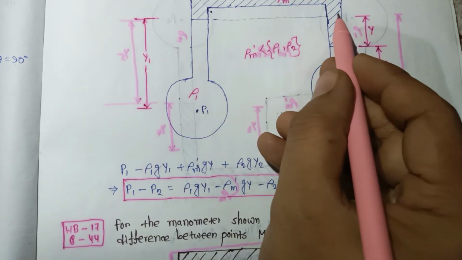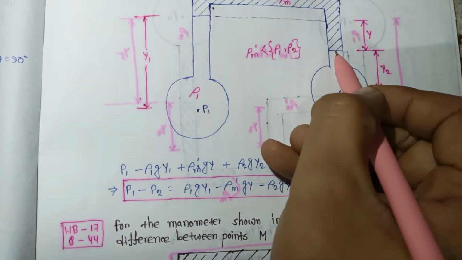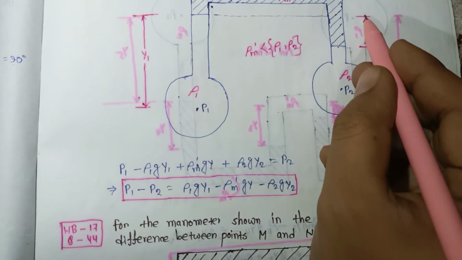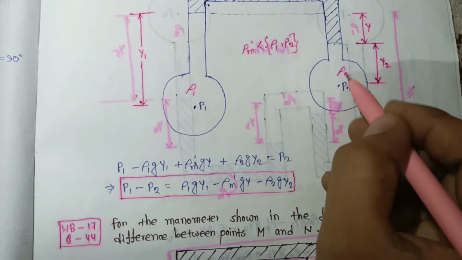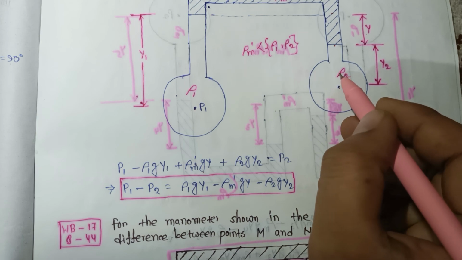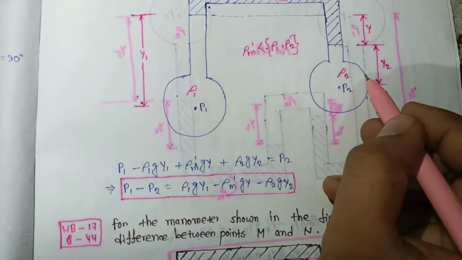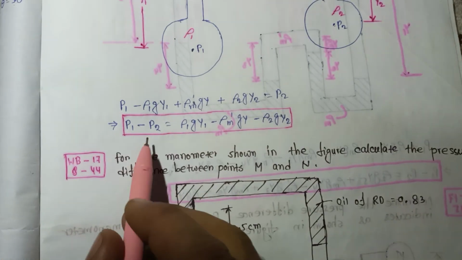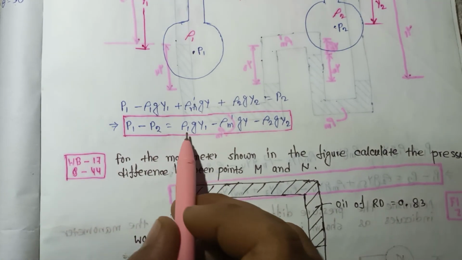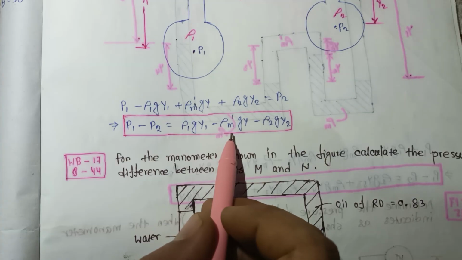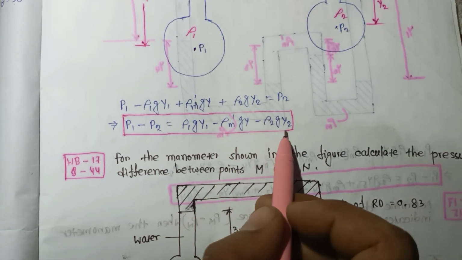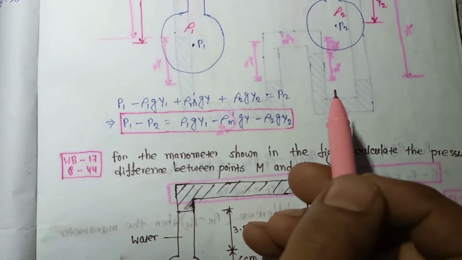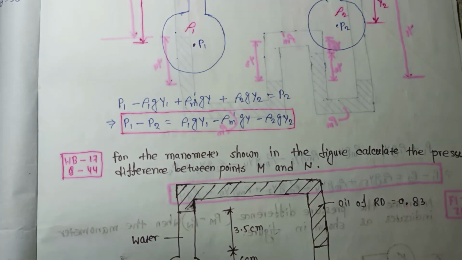Then you go directly to this point and going downwards, this will be positive, so rho m g y, where y is the distance, plus, going downside, rho 2, the density of fluid 2, into g into y2, that is equal to P2. From here you can get P1 minus P2, that is equal to rho 1 g y1 minus rho m g y minus rho 2 g y2. In that way we calculate the pressure difference with the help of the inverted U-tube manometer.